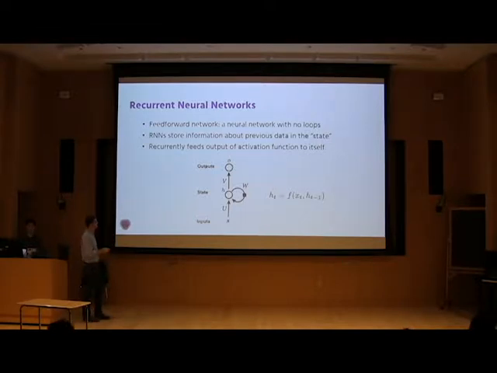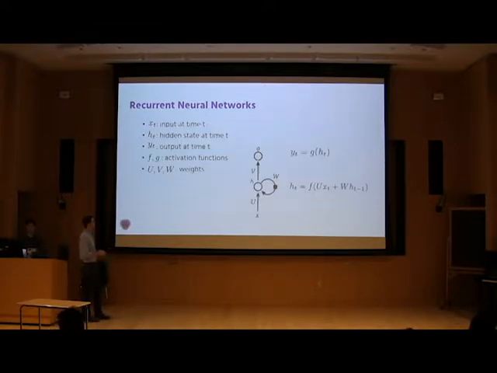So in this case, the way that this works is actually pretty simple. In a way, it's simpler than a convolutional neural network. Essentially, we've got some input X, and we transform it with a matrix U, and that generates some vector.